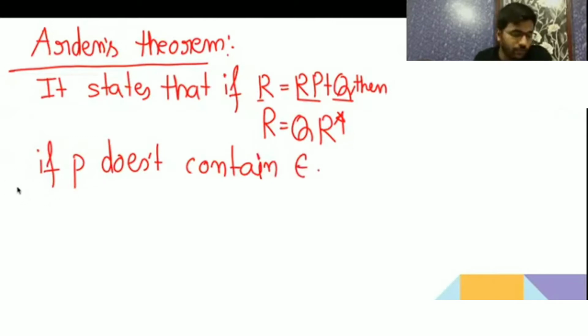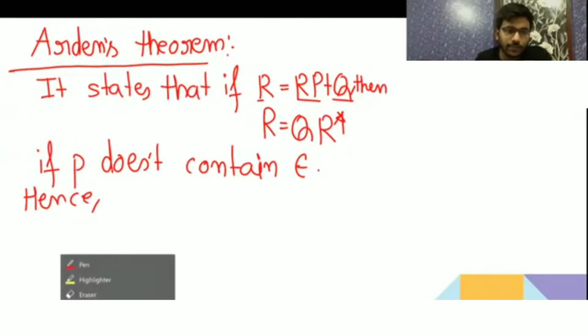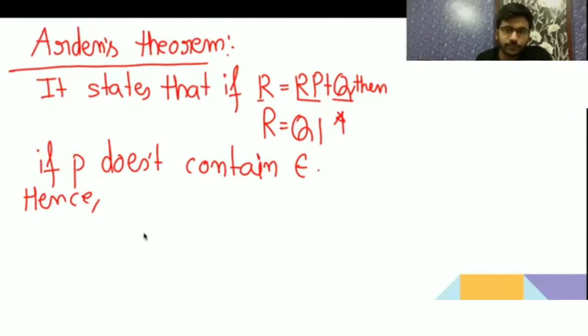Hence, what is R, what is Q, what is P, I will let you know. I am saying P, but I have written R; it should be Qp star. Okay, Qp star, two times I have written.